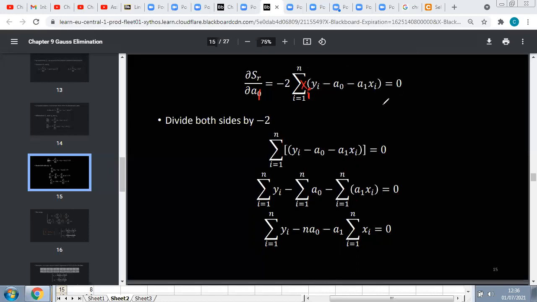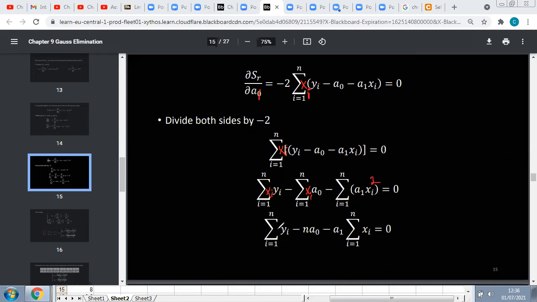So let us do it together. I put xi here, and when I do the expansion I get the summation from 1 to n of xi yi minus the summation from 1 to n of xi a0 minus the summation from 1 to n of a1 xi square.